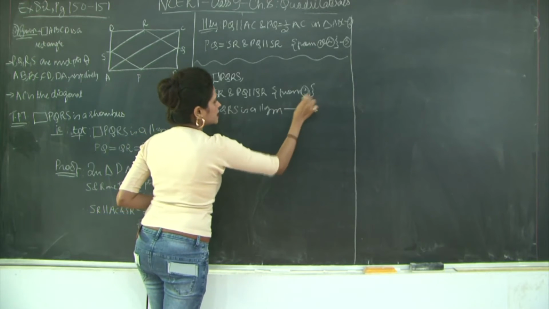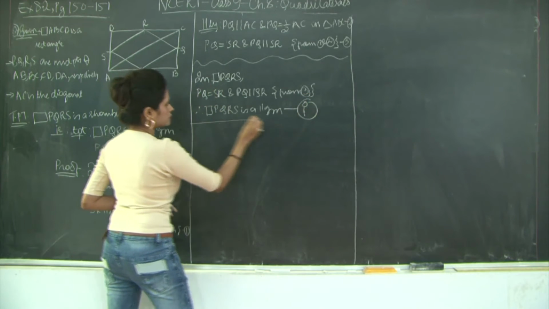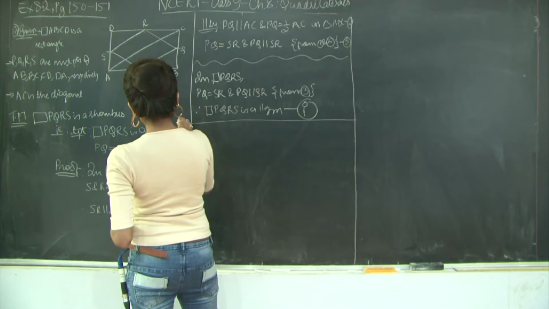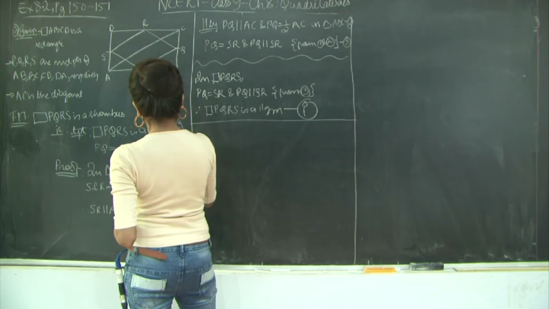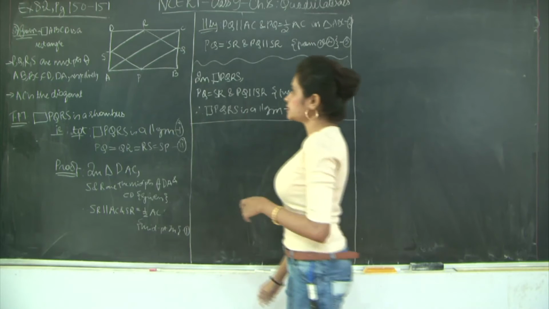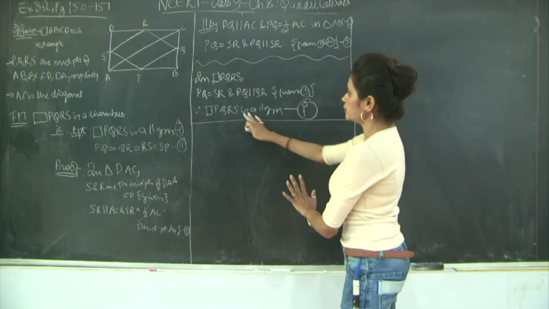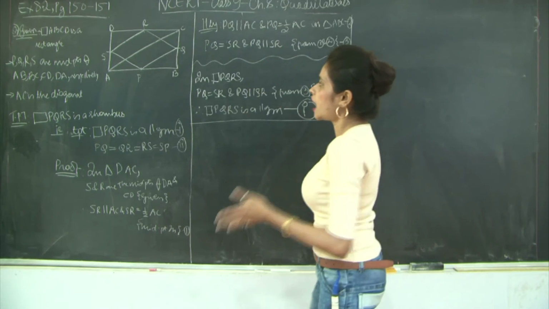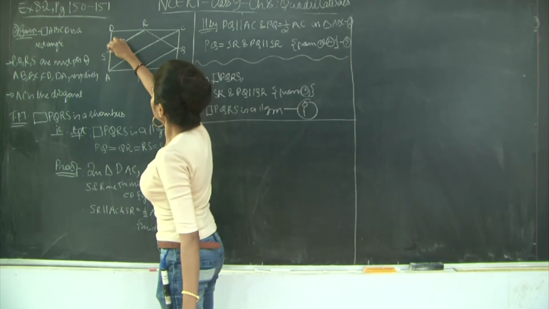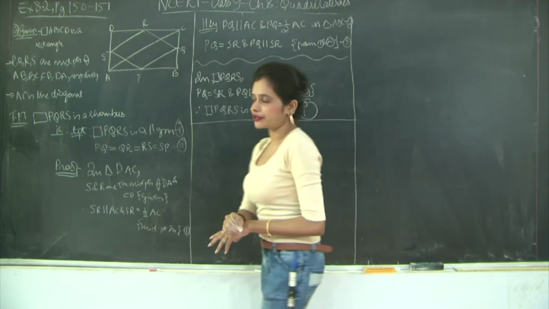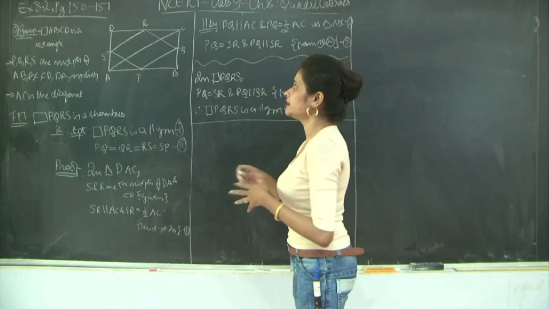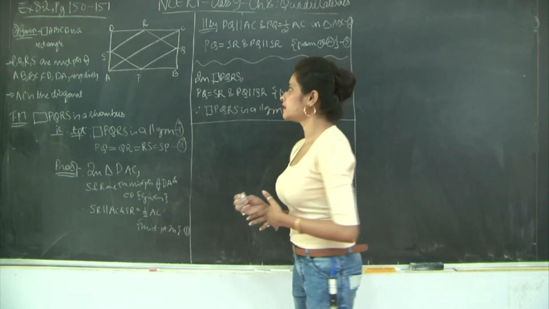So this is my section number 1. Let's mark this as the first requirement and this is the second requirement. Right? So now we have proved PQRS is a parallelogram. How do we prove that these sides are equal to each other? That is to show that the given quadrilateral PQRS is a rhombus.